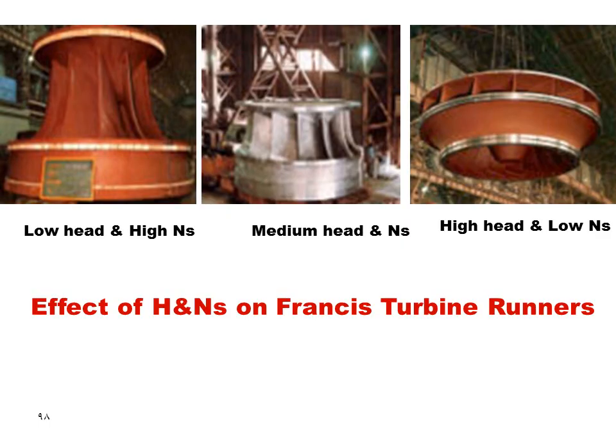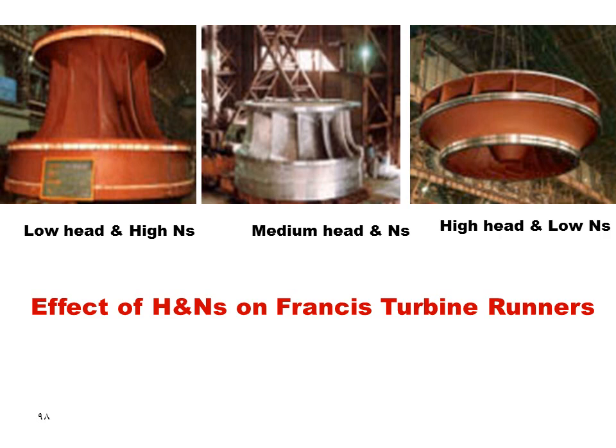We have here three shapes of turbine runners. From the right we have a high head turbine runner, or low specific speed runner. As we see, the breadth, or the height of the vanes at inlet, with respect to the diameter is smaller.